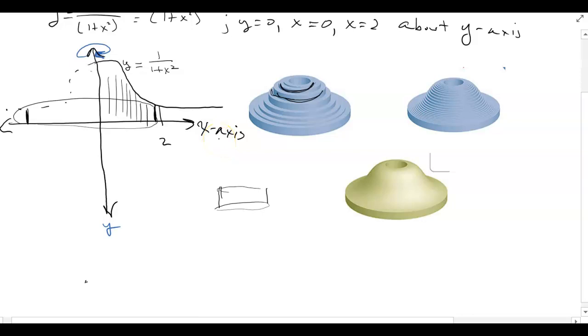So even though we are revolving around the y, when you do the shell method, you differentiate with respect to the opposite axis. And that is one of the biggest differences between your shell and your disc and washer. With your disc and washer, if you're rotating around y, you differentiate with respect to y. But with shell, you have to do the opposite.